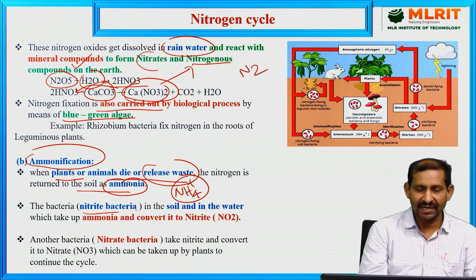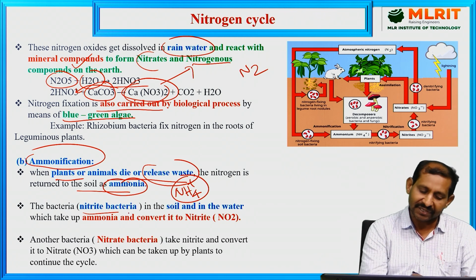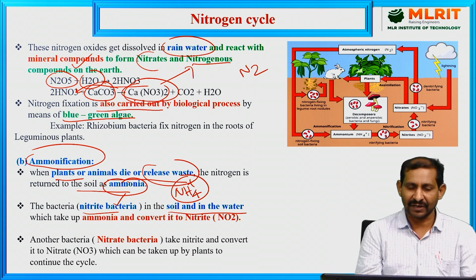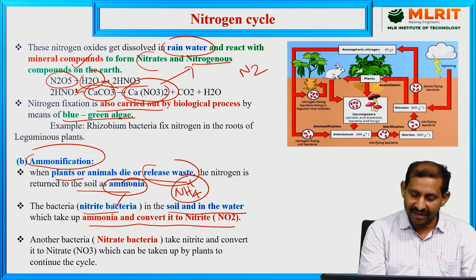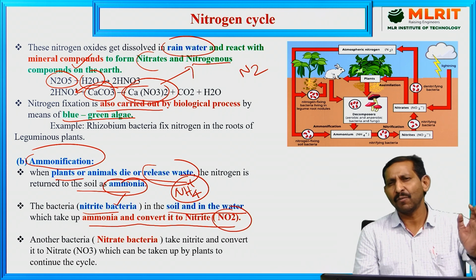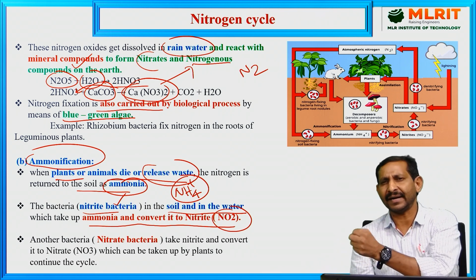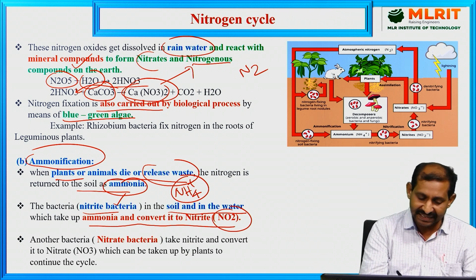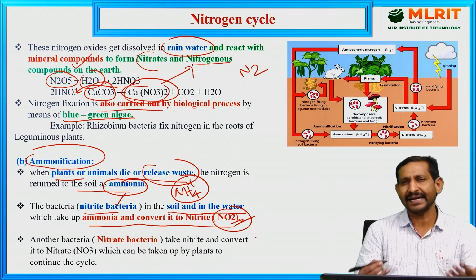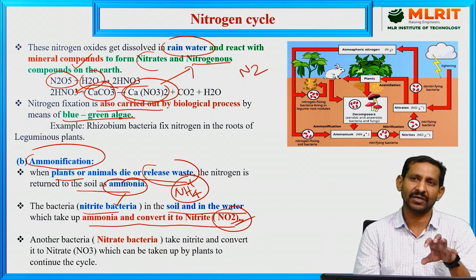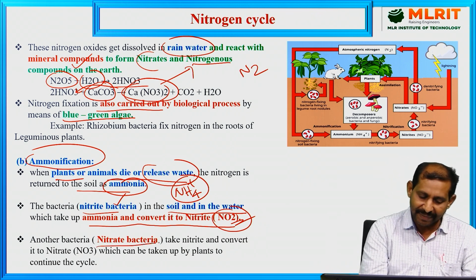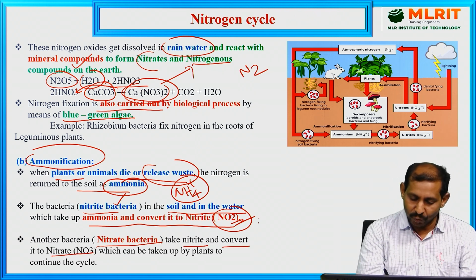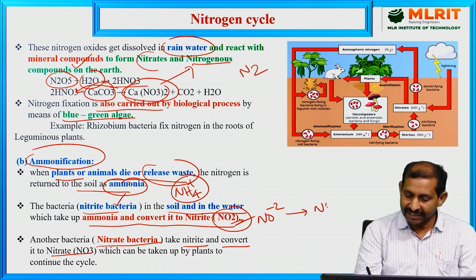This reaction is carried out in the presence of bacteria such as nitrite bacteria, in the soil and in the water. The ammonia is converted into nitrogen dioxide, and also nitric oxide, NO. Then another bacteria, the nitrate bacteria, converts nitrite to nitrate, that is, NO2 minus to NO3 minus.